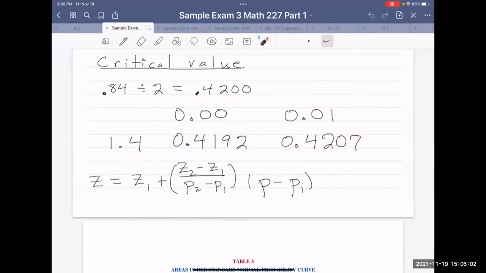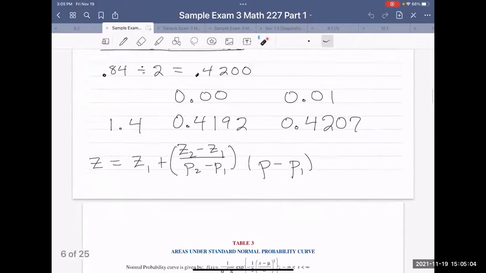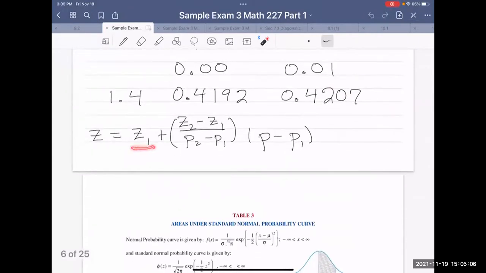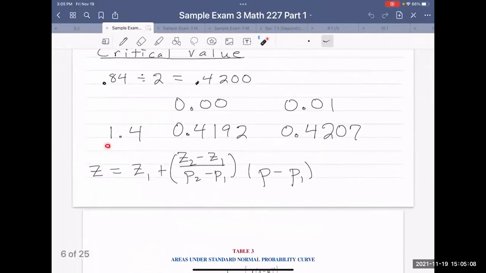So let's use linear interpolation. z is equal to 1.4 plus 1.41 minus 1.4 divided by 0.4207 minus 0.4192 times the quantity 0.42 minus 0.4192.